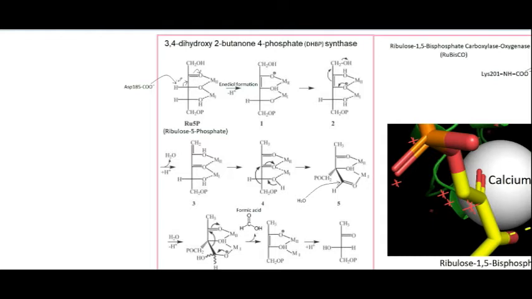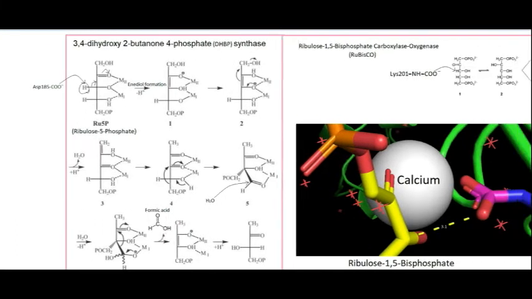And so this hydrogen is removed, the electrons from it collapse down, these electrons move up to the oxygen. So we have this enediol intermediate here, and these oxygens are coordinating to these metals here to stabilize them.